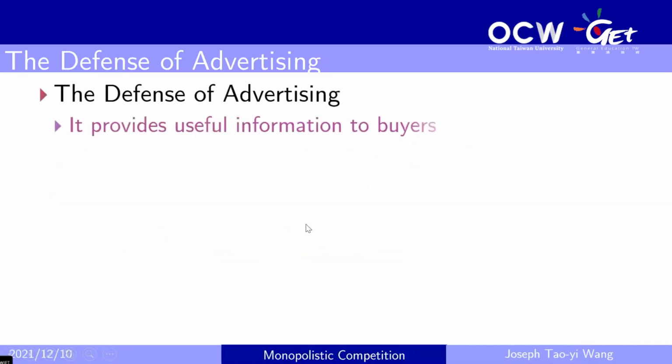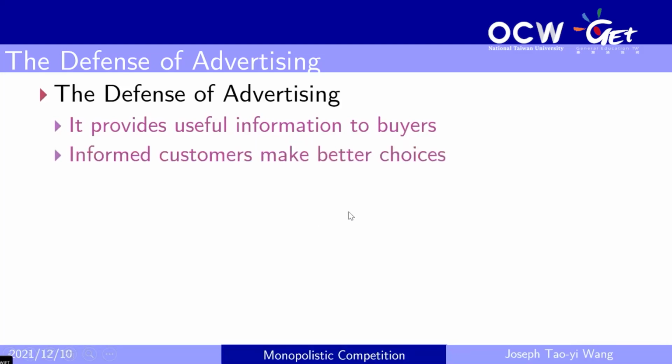But on the other hand, there actually is a role for advertisement because you are providing useful information to buyers. So that's always useful because you have to make an informed choice. I mean, if you randomly choose, then of course, it's likely you're not going to make the best choice. But if you're informed, then you will make better choices.